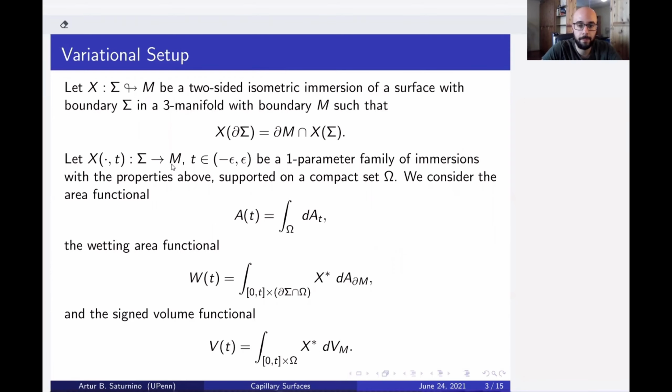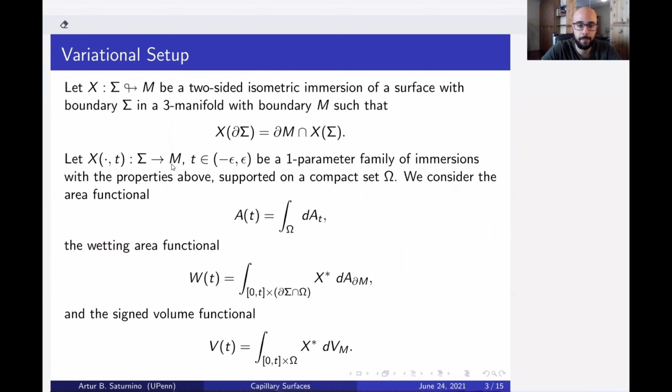Explaining this function Q better, notice that it is usually written like this, first here, where H partial sigma is the second fundamental form of the boundary of M. And of course, H sigma is the second fundamental form of sigma.